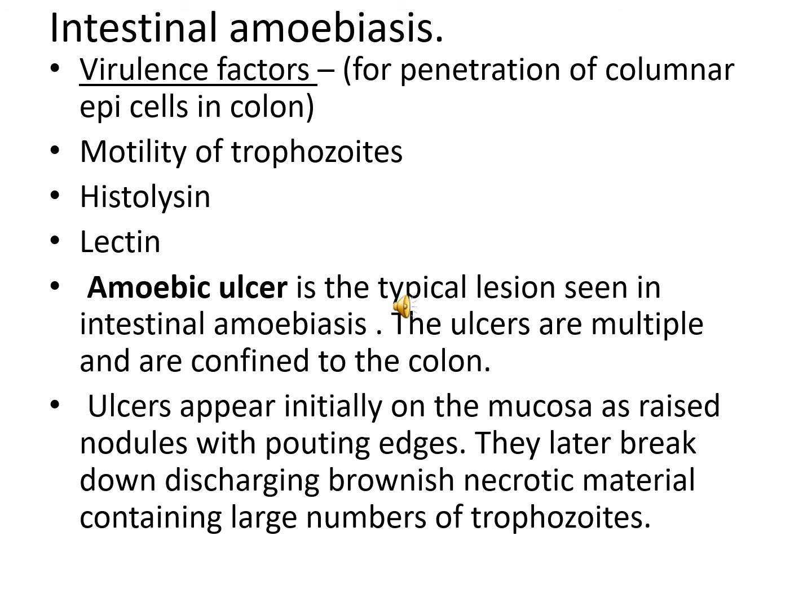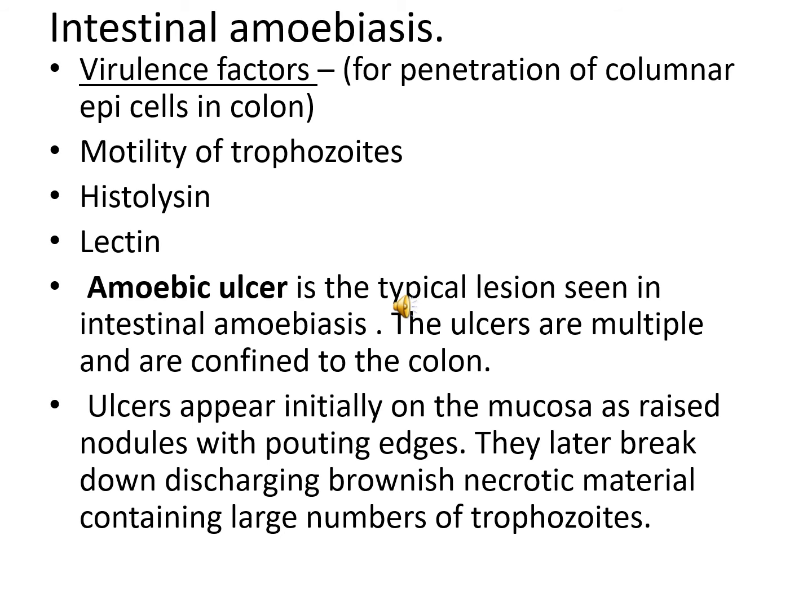Another is the production of the enzymes histolysin and lectin. They produce these enzymes, invade the columnar epithelial cells of the colon, and cause amoebic ulcers. So amoebic ulcer is a typical lesion seen in intestinal amoebiasis.